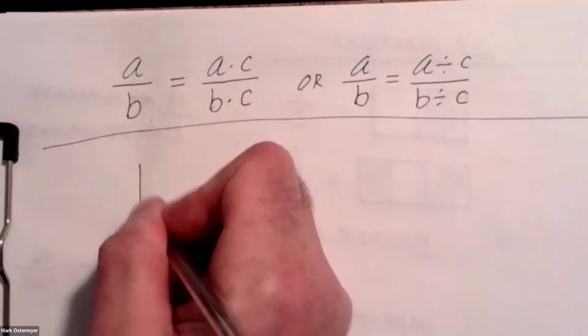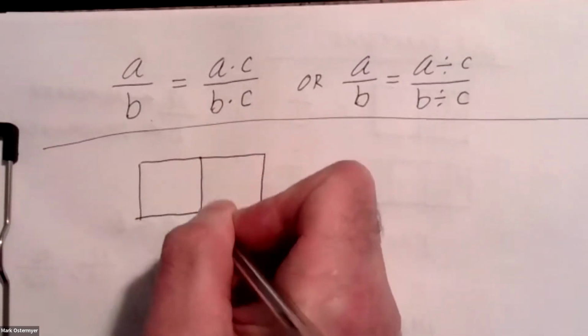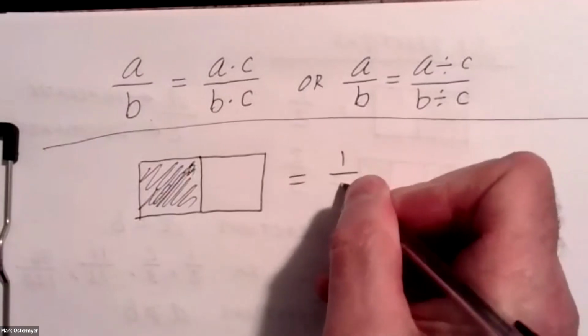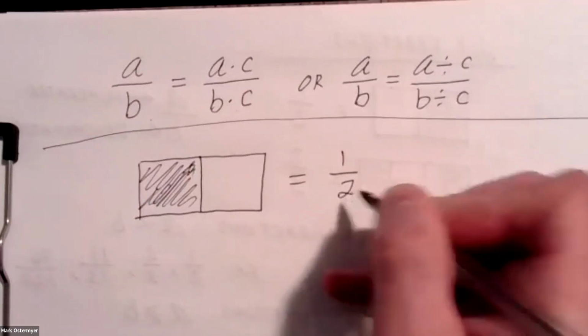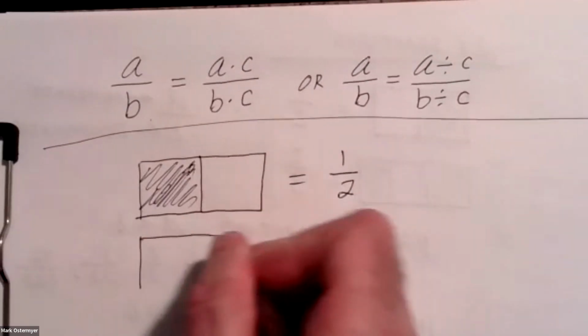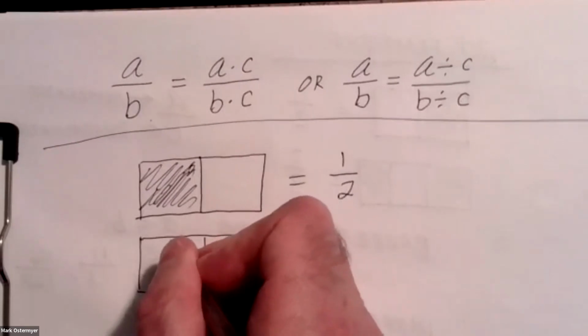So let's use our diagram here. What fraction of this diagram is shaded? That would be 1/2, correct? What if I subdivide each of these pieces of this diagram up into halves?